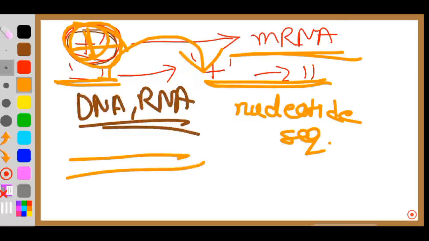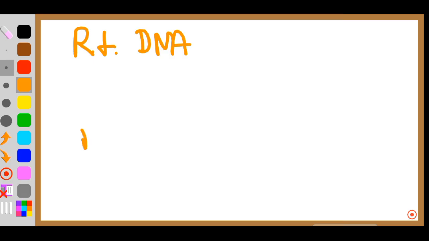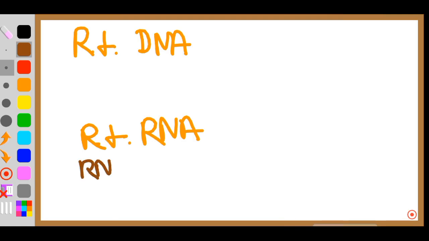And what about the retroviruses, the reverse transcription able RNA viruses and DNA viruses? There were two categories: reverse transcriptable DNA viruses and reverse transcriptable RNA viruses. So in case of reverse transcriptable RNA viruses, it has RNA. It has reverse transcriptase enzyme to form DNA from the RNA.